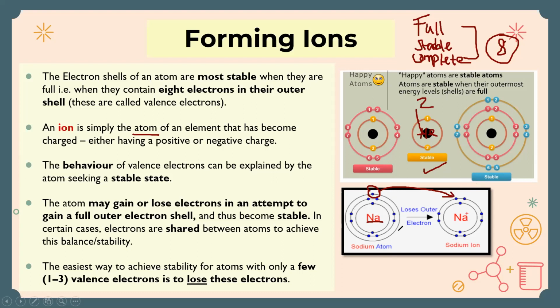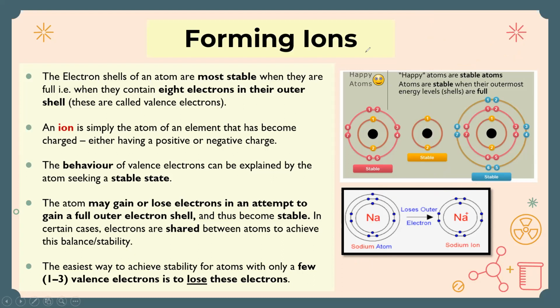That's why sodium gives away its electron, loses that negative charge, and becomes more positively charged. So in other words, when we look at sodium in the periodic table, it is an atom, and that means that it has no charge. But when sodium starts to combine with other elements and starts to form what we call bonds, sodium actually becomes positively charged.